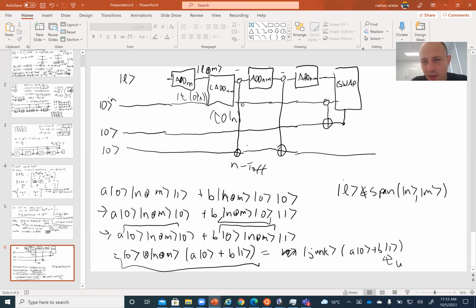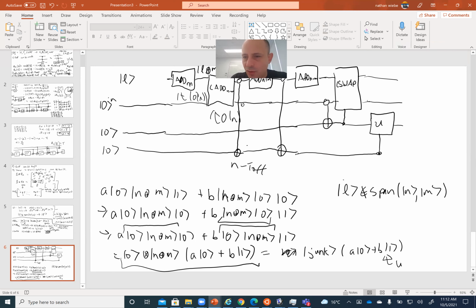And now that we have implemented that transformation, we need to apply a controlled unitary to that target subspace. Then we clean up all of this.